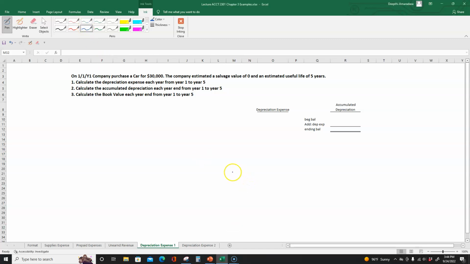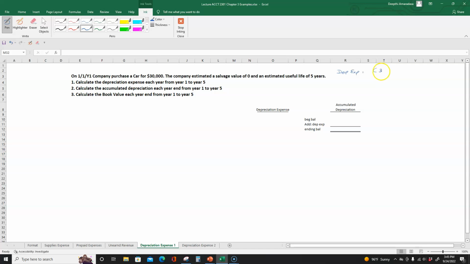Now let's calculate depreciation expense. To calculate depreciation expense, we're going to use that straight line expense formula. So we said depreciation expense is equal to cost minus salvage value. You take the entire numerator and then divide by estimated useful life. So in this example, what is our cost?